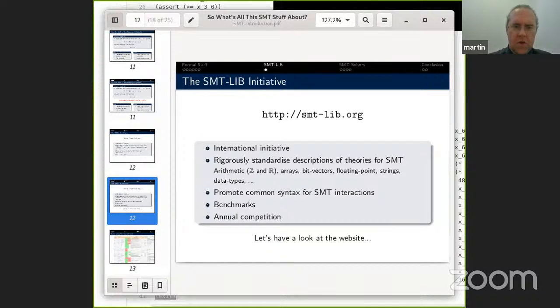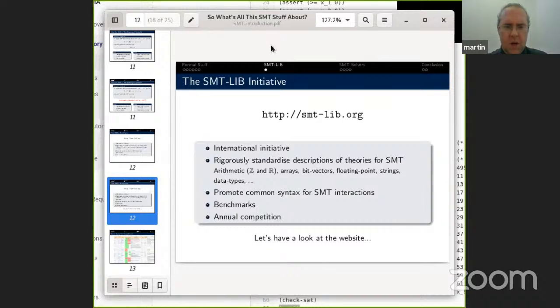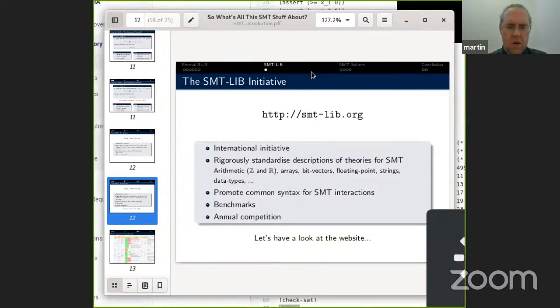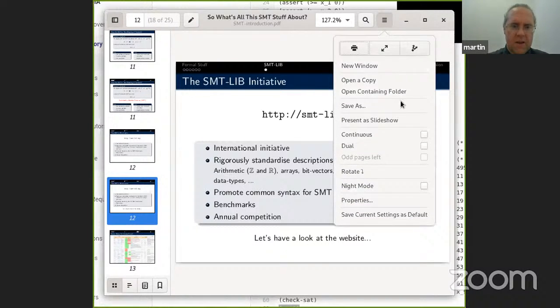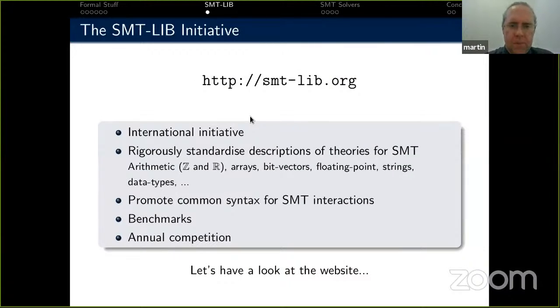Okay, I'm not quite sure what it thinks it's sharing at the moment. Can you see some slides? Maybe you can? Yes, we can. Excellent. And they're still saying SMT-LIB? Yes. Cool.